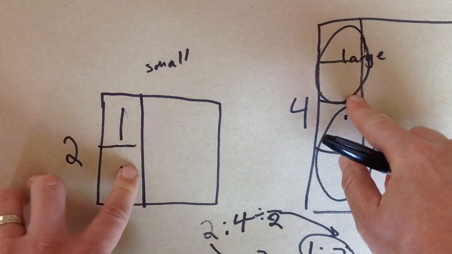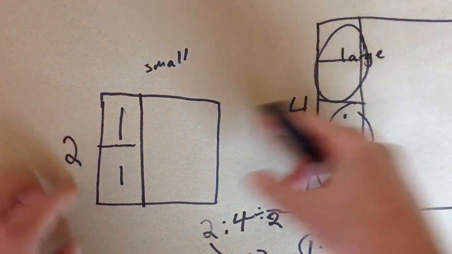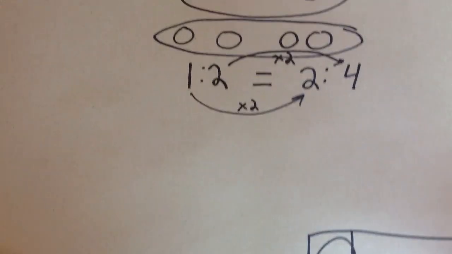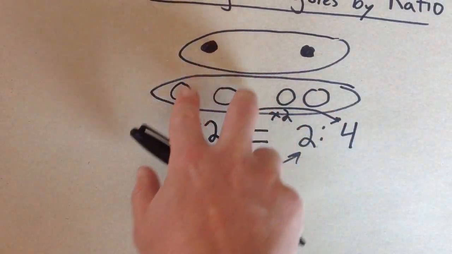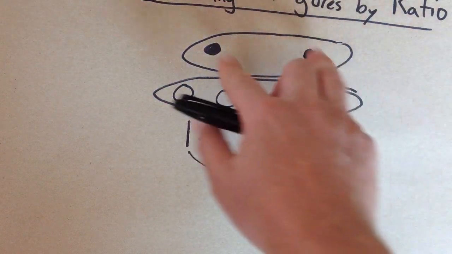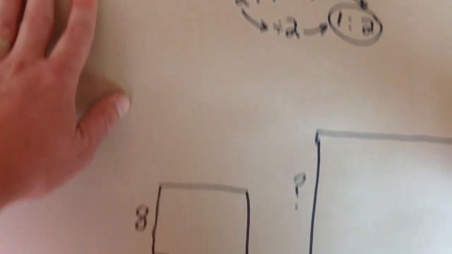This means I can see my simplest ratio, 1 to 2, in the sides that are 2 to 4. Just like I can see my simplest ratio, 1 to 2, in my larger example of 2 marbles for every 4. So, let's look at one more example.